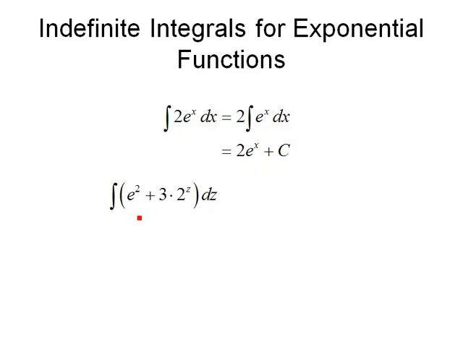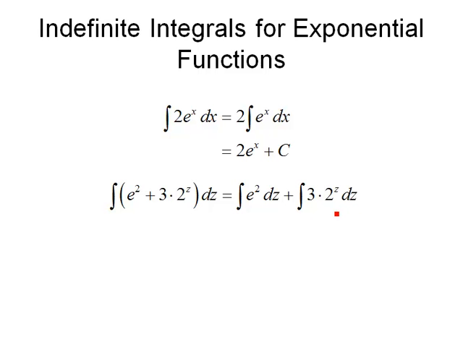In the antiderivative that I see below here, I want to find the antiderivative of e squared plus 3 times 2 to the z dz. I've changed the variable here to try and cause you a little bit of confusion. The first thing I'm going to do is break the sum up into 2 antiderivatives. So the antiderivative of e squared dz plus the antiderivative of 3 times 2 to the z dz.